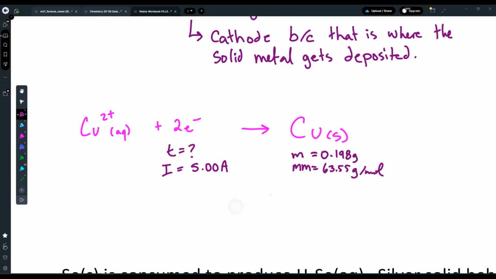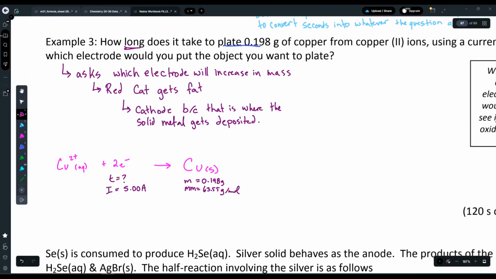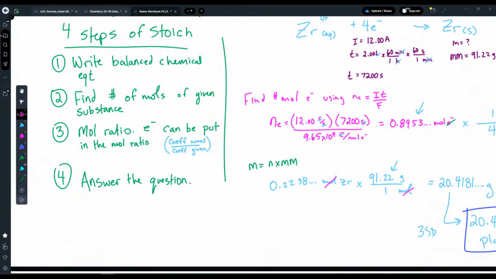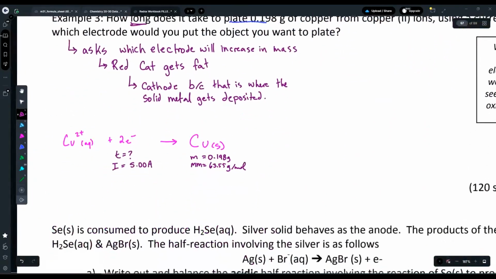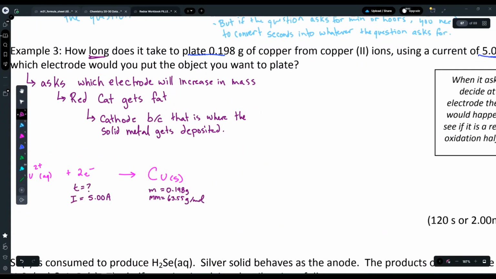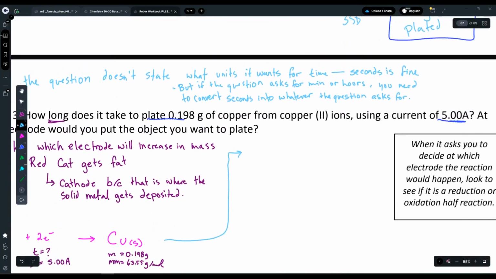Okay. So step 1, write a balanced chemical equation. Done. Now we need to do step 2, find the number of moles of the given substance. What were we given the most information for? Well, that would be copper. So I'm going to continue this up here.